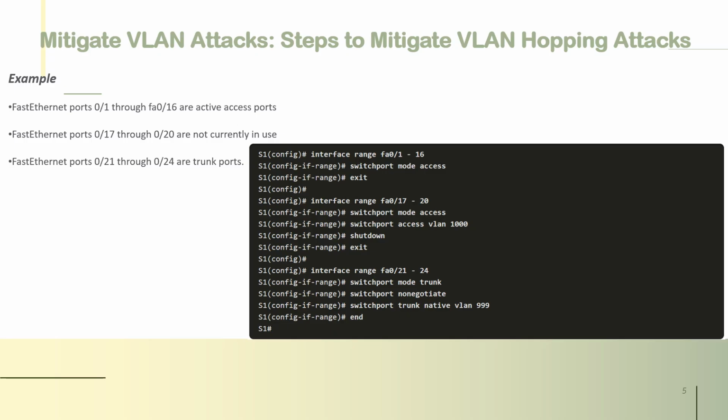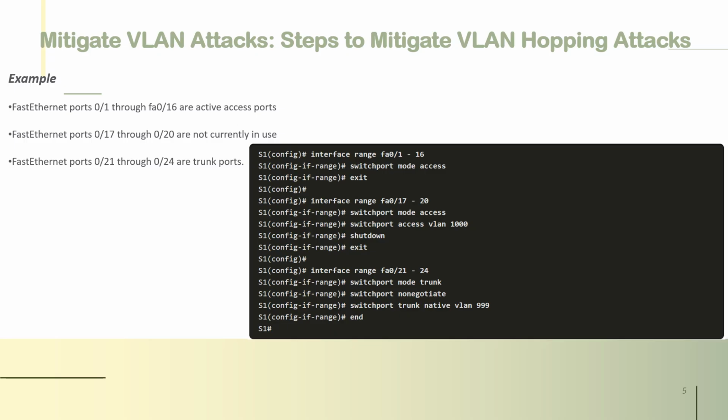So we say these ports will be switchport mode trunk, so they will be trunk ports, but we will disable Dynamic Trunking Protocol, which means we are disabling auto-trunking negotiation on those ports by using the switchport nonegotiate.